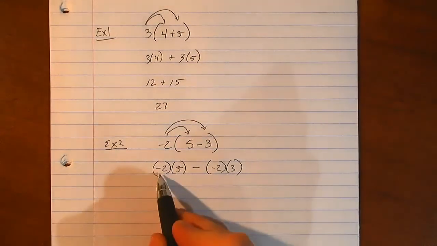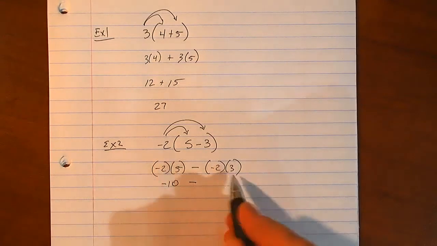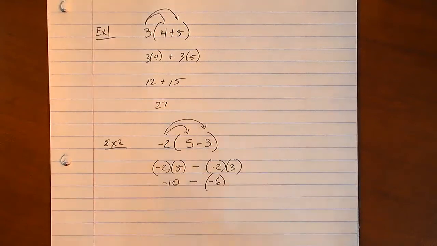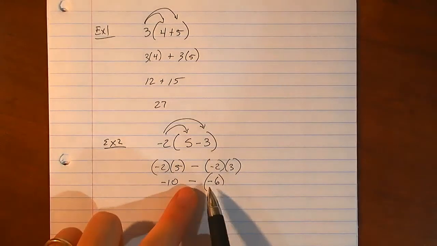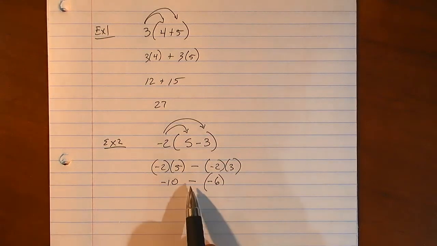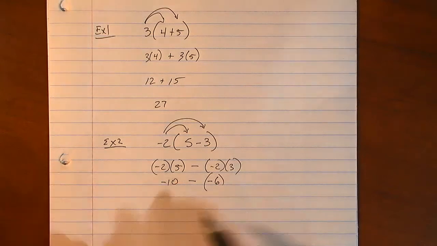Now I do my multiplies. -2 times 5 is a -10. Minus -2 times 3 is a -6. And I'm going to put that -6 in parentheses so my signs don't get mixed together or confused. Okay, now you probably remember from other algebra classes or pre-algebra or things like that, subtracting a negative is the same as adding. The signs change.